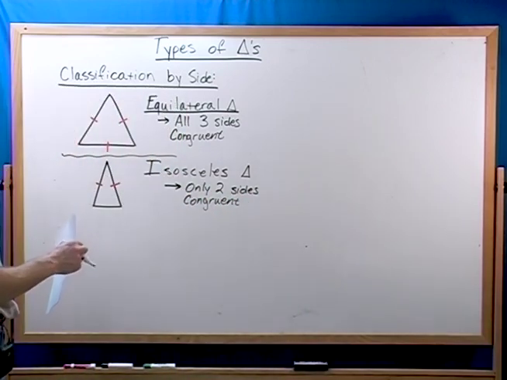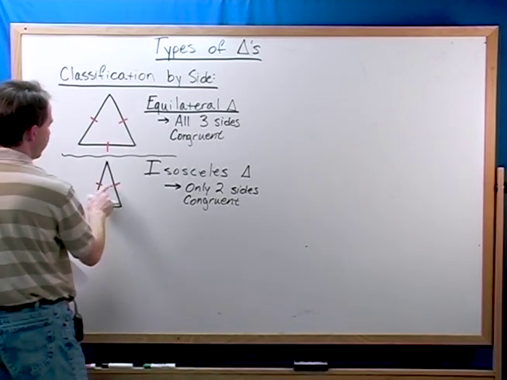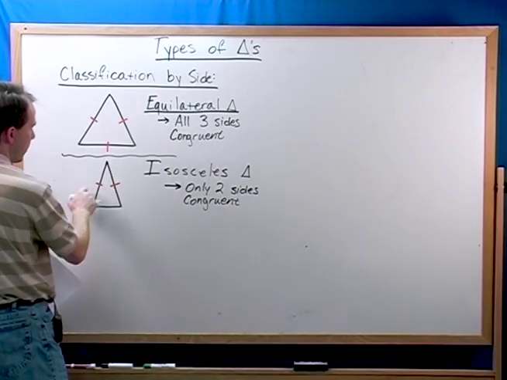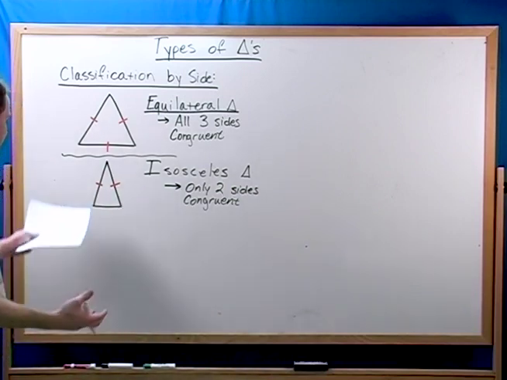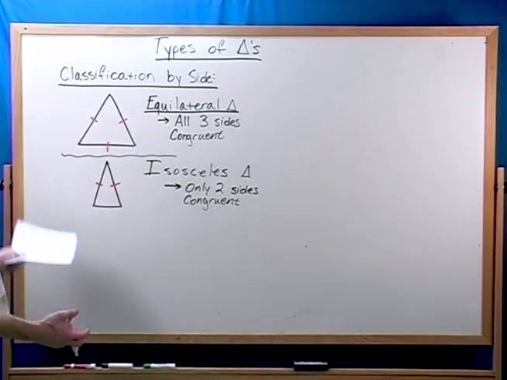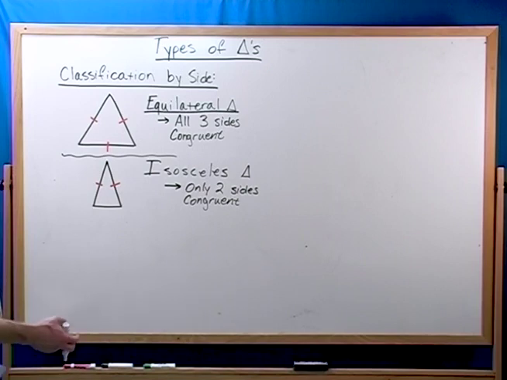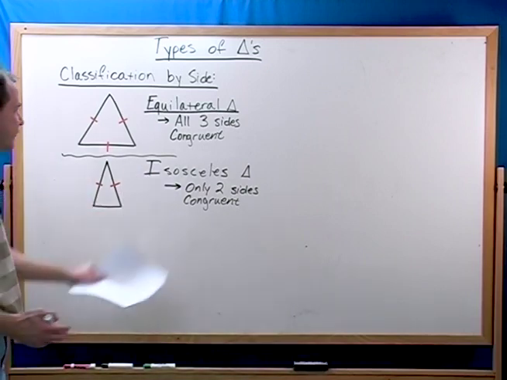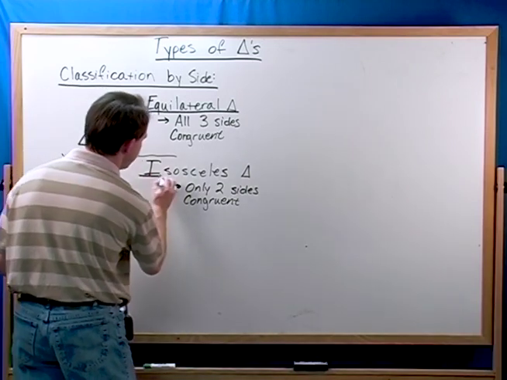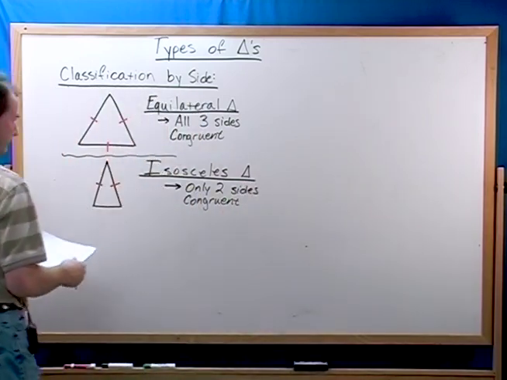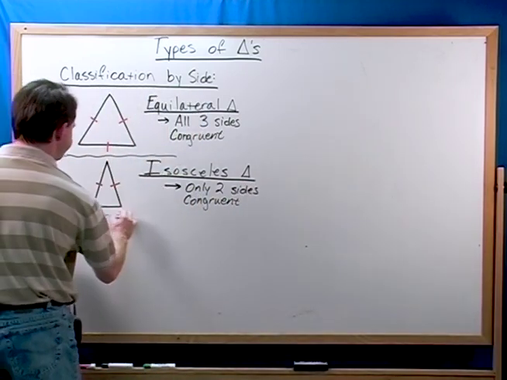So if you're given a problem, and we're going to do some problems in a minute, and you see that two sides are equal or congruent with these little marks, but the third side is not, it's obviously not an equilateral triangle because all three sides have to be equal for an equilateral triangle. It's an isosceles triangle, which just means that two of the three sides are congruent.